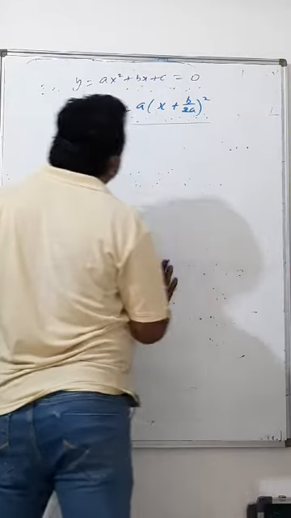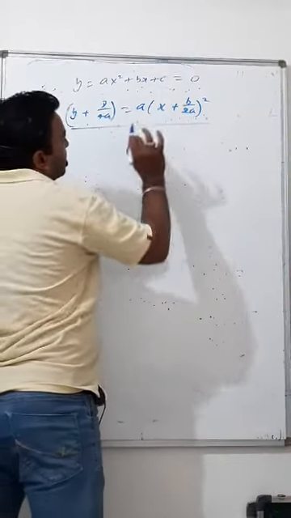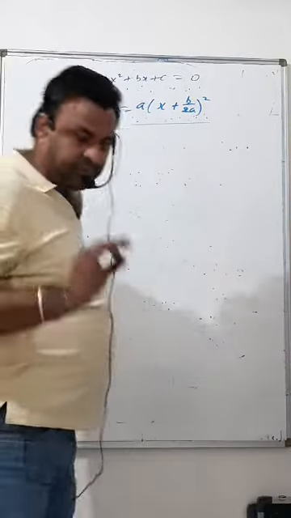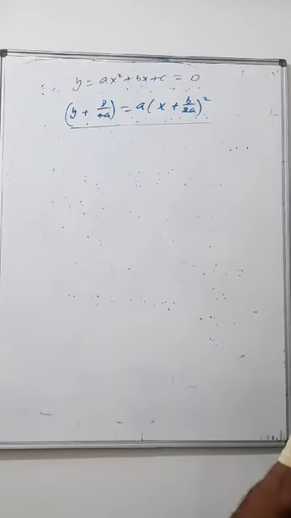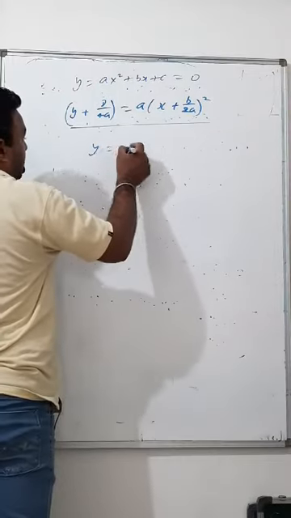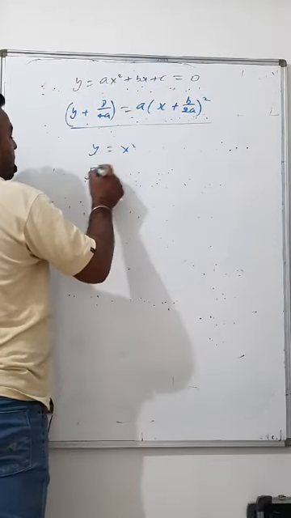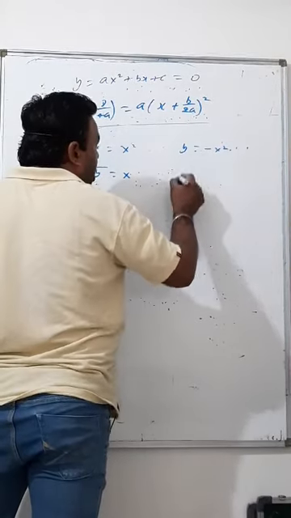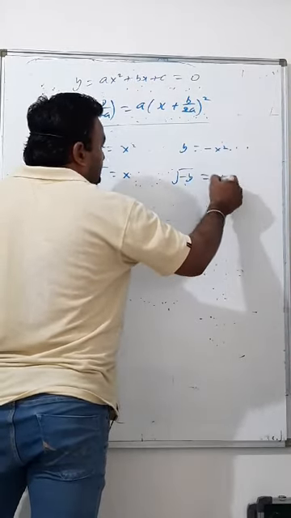Now in this quadratic equation, look carefully at whether a is positive. I say it simply. First of all, I take y equals x square. Then root of y equals x. If I write y equals minus x square, then root of minus y equals x.